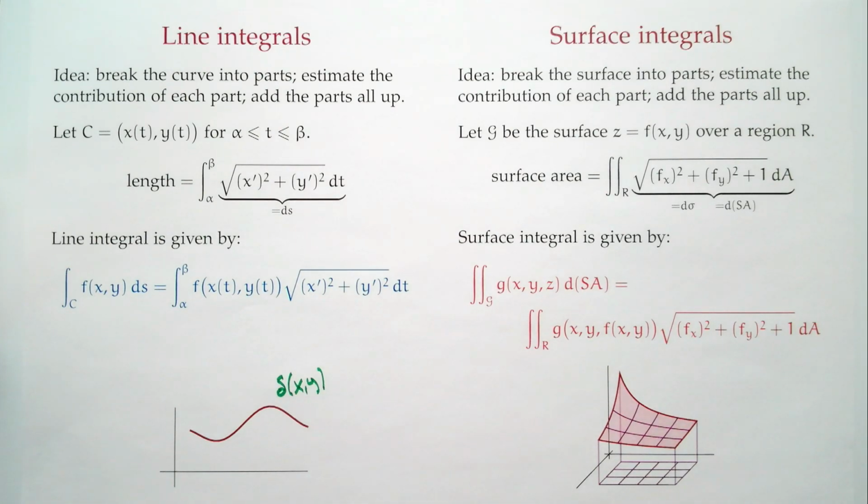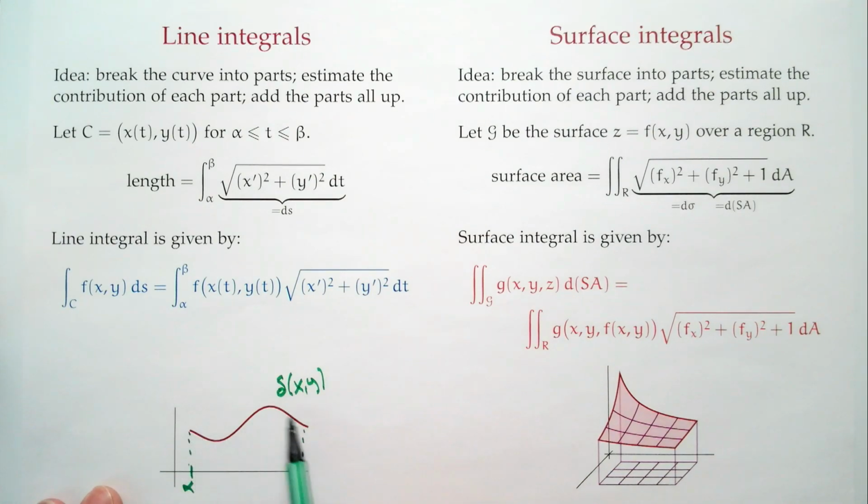Well, the challenge is our tools for integration are basically built on simple one-dimensional ideas, and we want to try to understand that. So what we're going to do is use a parameterization. In this case, there's a very simple parameterization, where you let x just be t and y be your function of t.